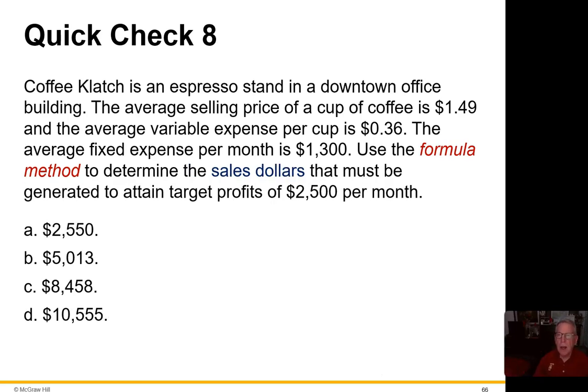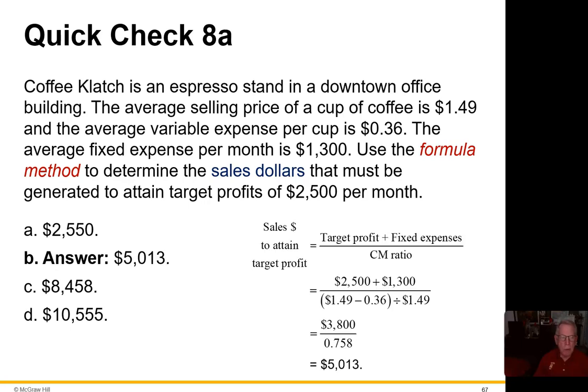Okay, this time we'll use the formula method, pretty much the same. This time they want the sales dollars. So we do the same thing. We take our target profit plus our fixed expenses divided by the contribution margin ratio.